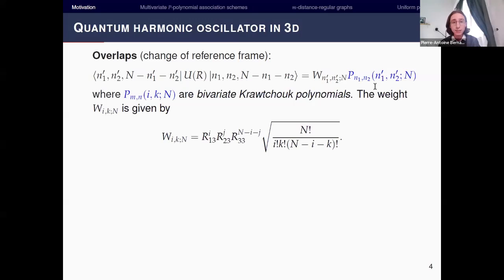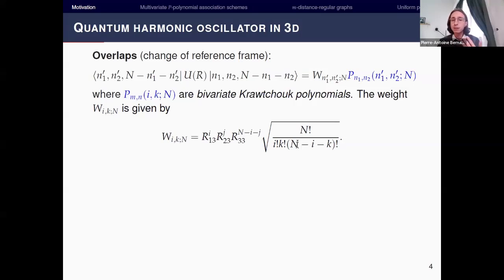This polynomial is nothing else than the bivariate generalization of the Krawtchouk polynomial, and the weight is the square root of the weight of the polynomial, which is the trinomial coefficient. If you're familiar with Krawtchouk polynomials, they are orthogonal with respect to the binomial coefficient weight. Their bivariate generalizations are orthogonal with respect to the trinomial weight.